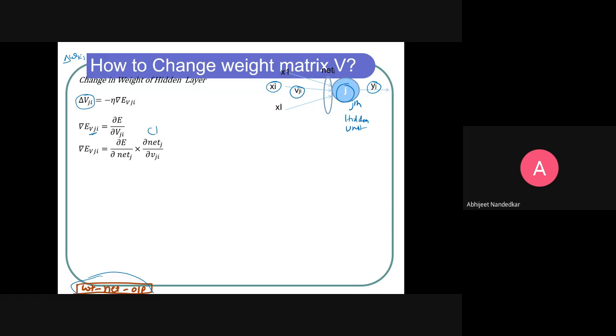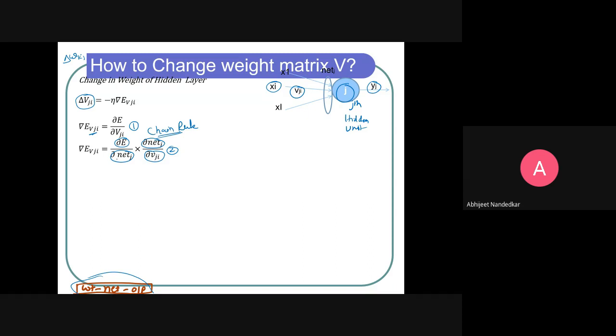So use the chain rule, and say equation 1 is now changed to 2. That is, initially we differentiate with respect to net and then we differentiate net with respect to Vji.